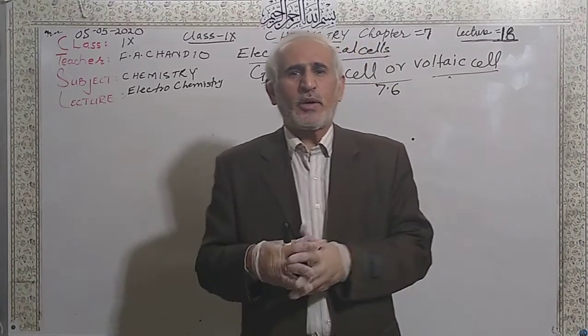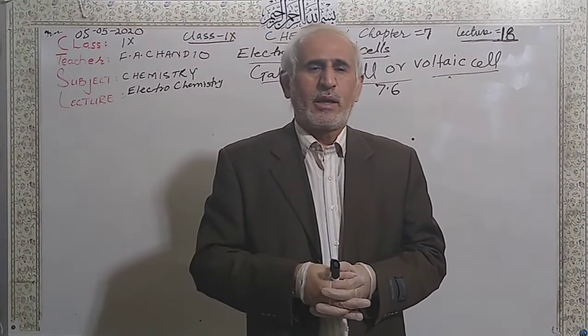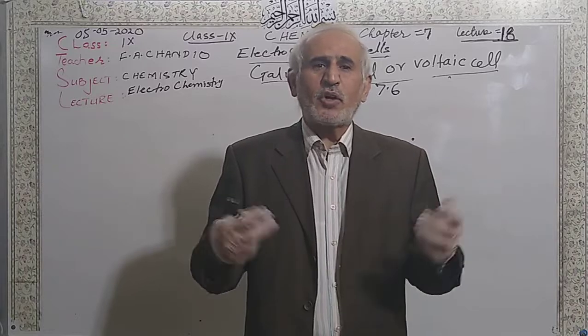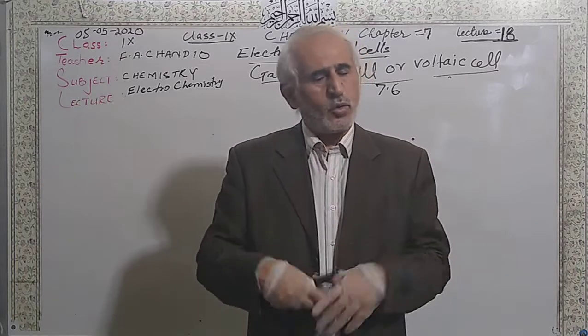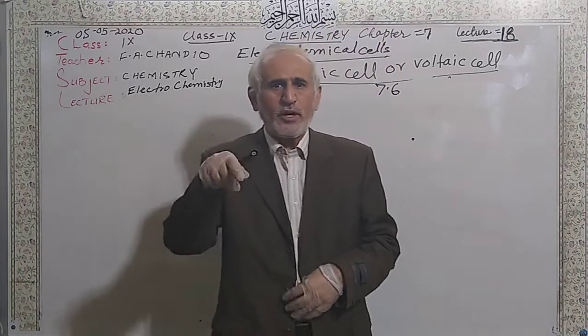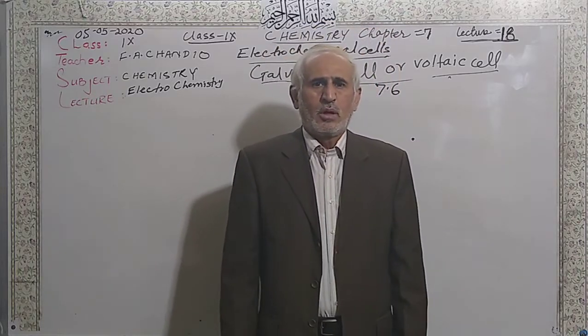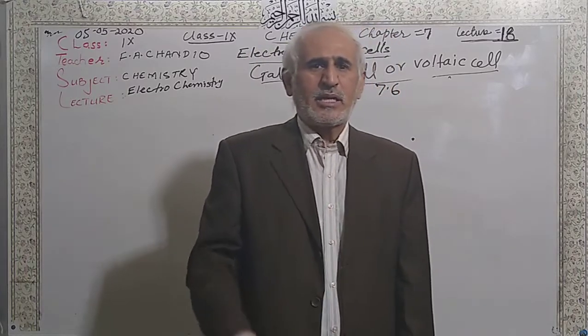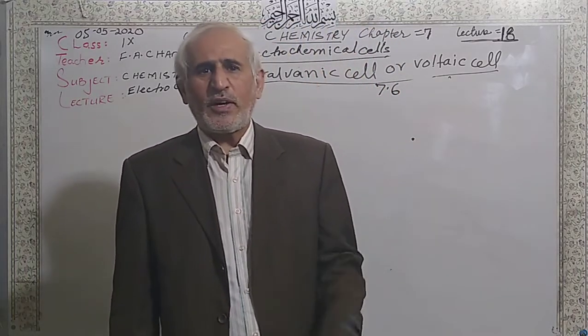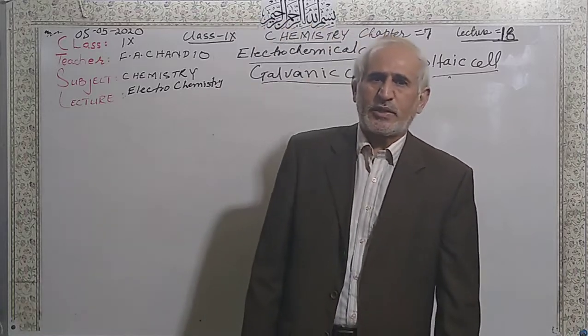Suppose you know this is 1.1, okay. So what will be the value for zinc? What will be for copper? Both are different. You can't halve this. You can't divide by 2. No. According to the electrochemical series, every element is going to be reduced to give a different electropotential reduction.